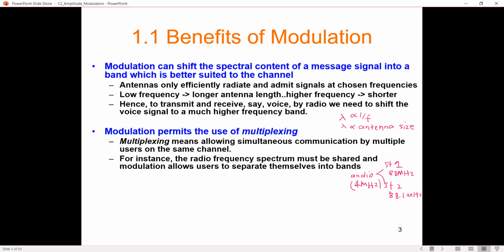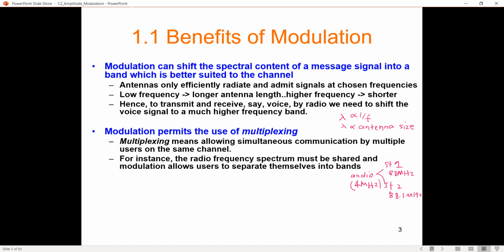But at your radio, you can tune to many frequencies, right? So instead of having only one radio station transmitting their signal, we can have many radio stations transmitting the same audio range.